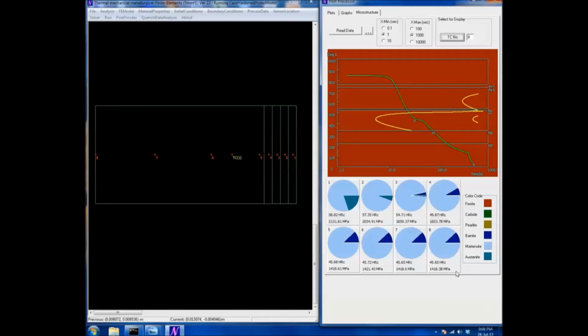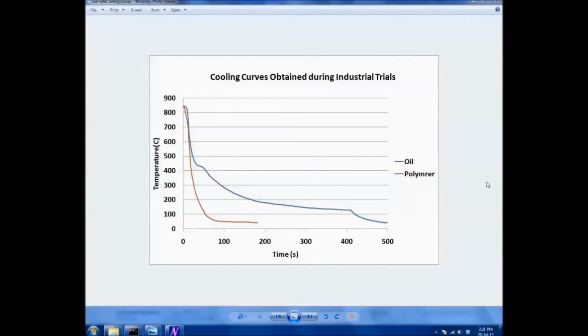We will now move to the results that were obtained using the cooling curve obtained during polymer quenching. You will see that the cooling is faster, and it is natural to expect in such case a higher hardness and higher tensile strength.